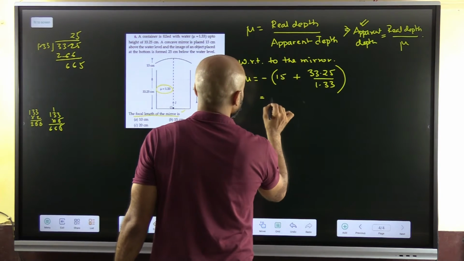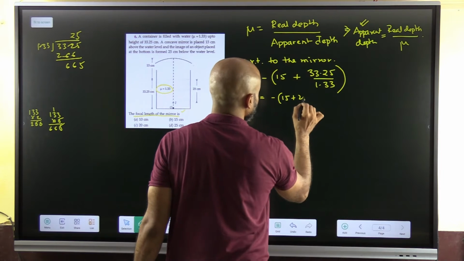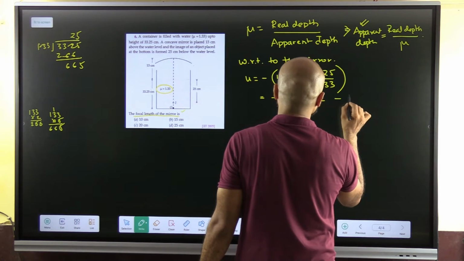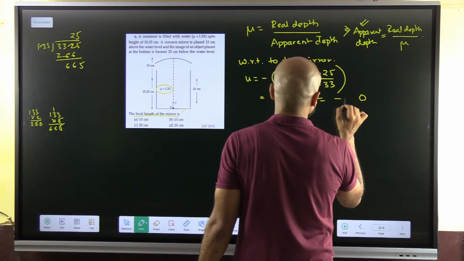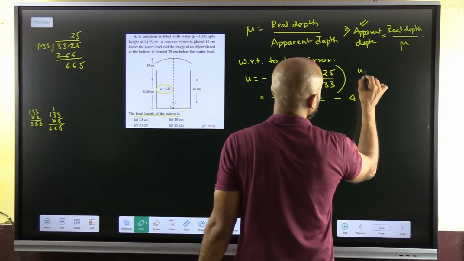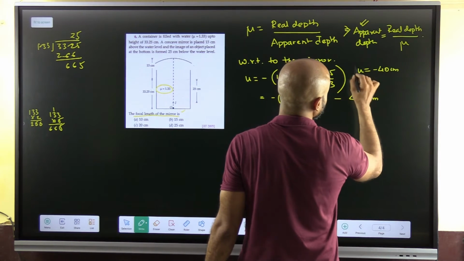So this will be minus 15 minus 25, and that's going to be minus 40 centimeters. So the value of u has come to be minus 40 centimeter.